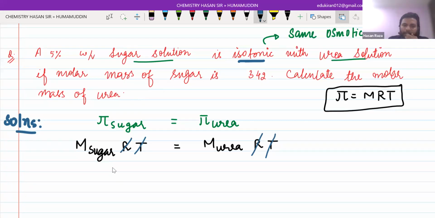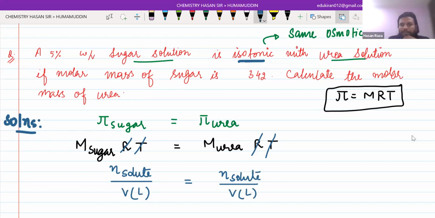Now molarity has a formula: number of moles of solute upon volume of solution in liter. And here you can see number of moles of solute upon volume of solution in liter. So what you need to do is very simple. Just let me see the question.